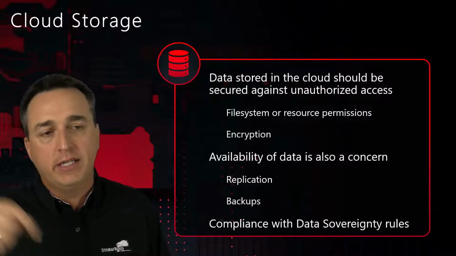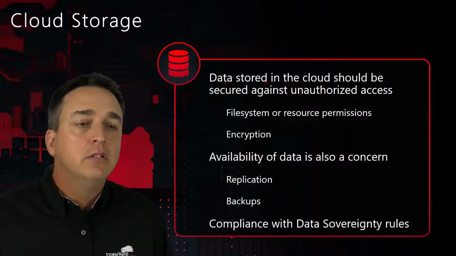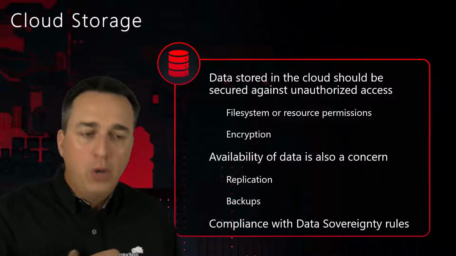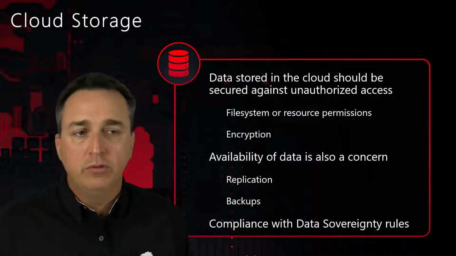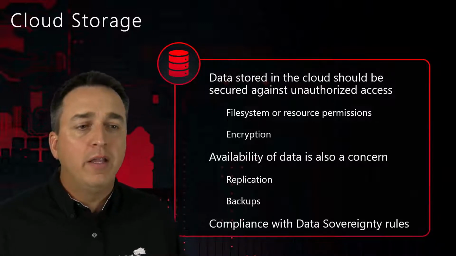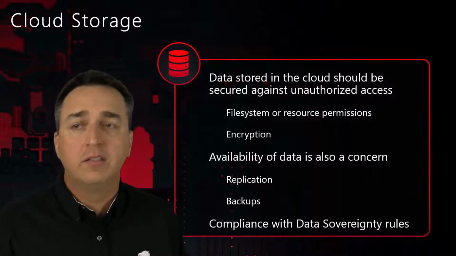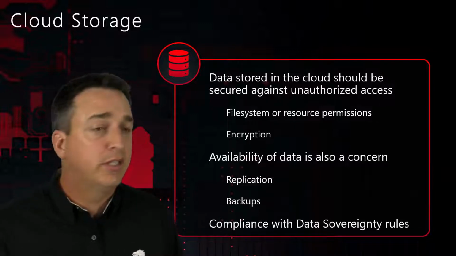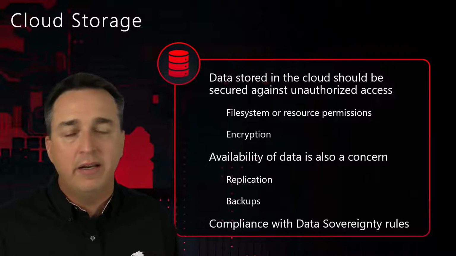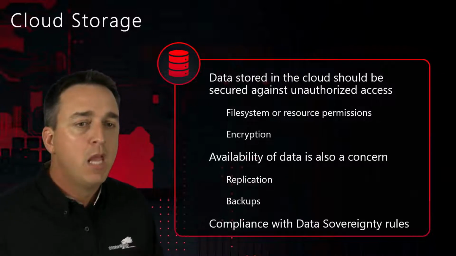So I still need to consider replication and backups for my own possible availability issues or disaster types of issues. That way, if something bad happens by accident or on purpose, I'm going to be able to recover that data because I've replicated it or I have a backup of it.